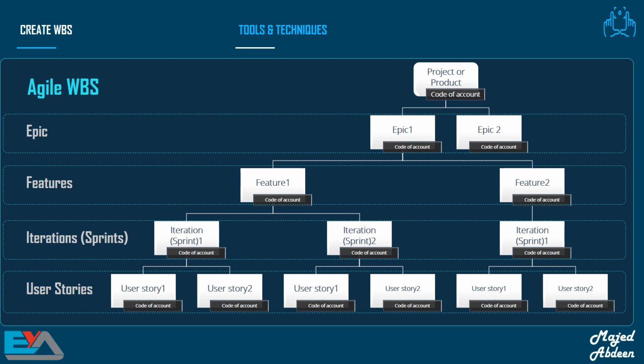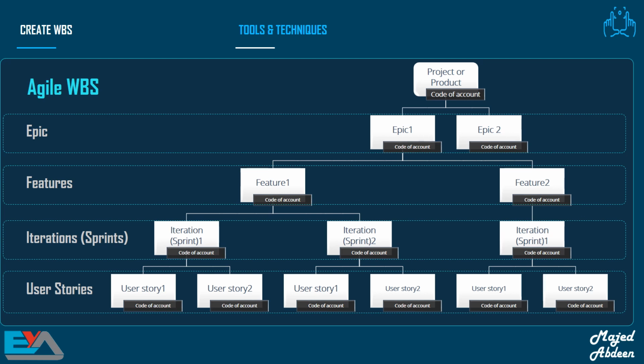Various WBS scenarios exist for agile projects. As you know, nowadays most software projects use an agile or Scrum approach. There are several different approaches to decompose agile projects. For instance, as you can see here, the first level is the project or product name.